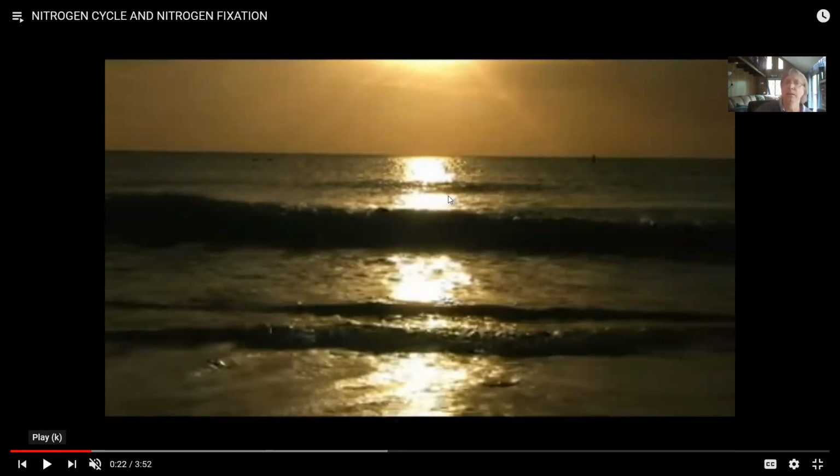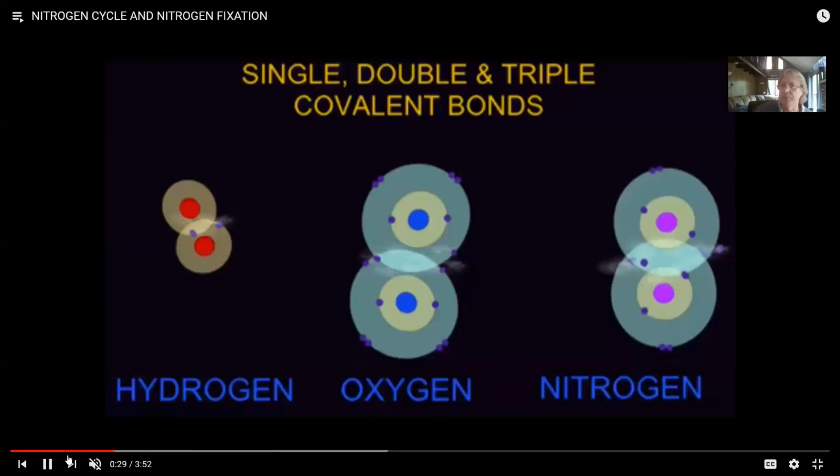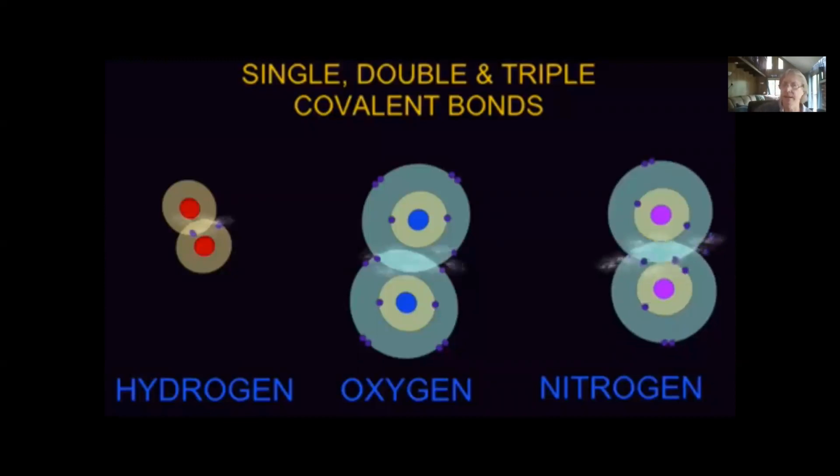Well, you'd say, look at this air. It's 79% nitrogen gas. Nitrogen gas is the most abundant part of air. That's easy. Why don't I just get my nitrogen from air? Well, the fact is you can't, because this is a triple covalent bond.